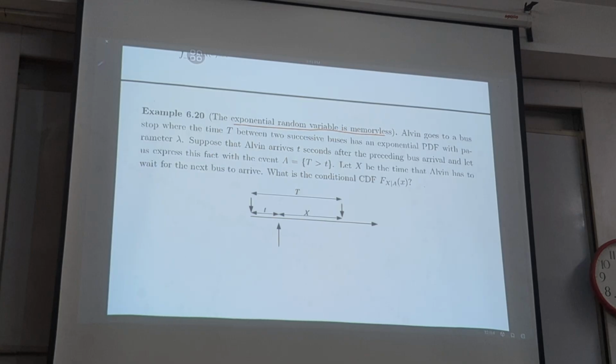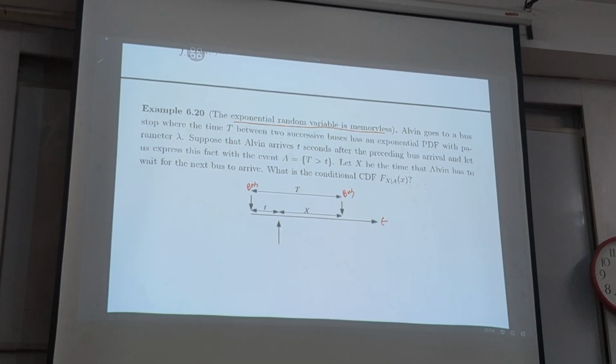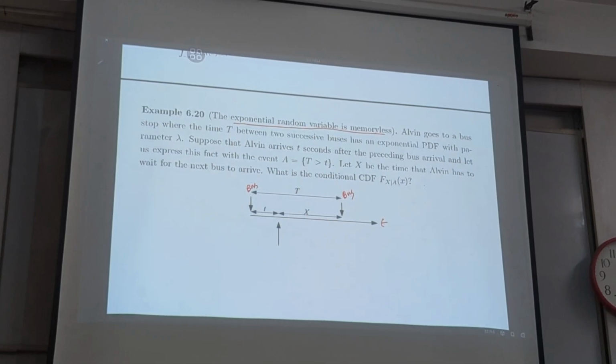So let us consider. What does this diagram mean? The diagram says this is the time axis. The downward arrows indicate the arrival of a bus. And these are the times between two successive arrivals of the bus, the bus interval times.